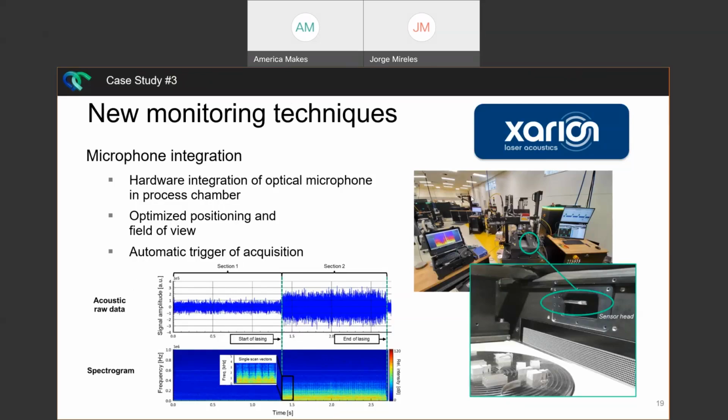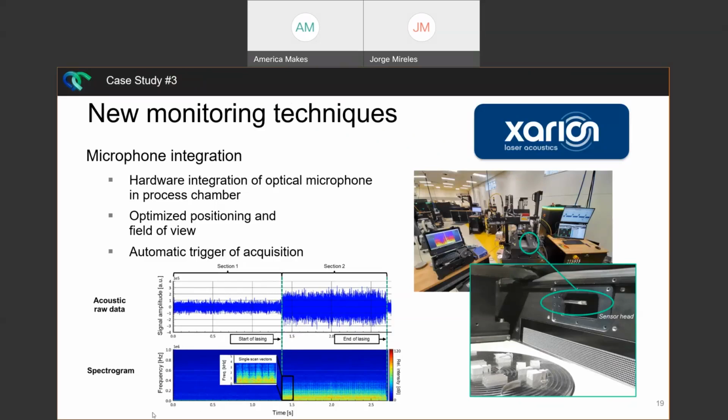So we not only added the hardware within our process chamber, as you can see here, but we also adapted our software to record that data from their optical microphone. So here you see the type of data that we're able to get, both the raw and 3D spectrogram, that it can really monitor down to what we feel are each single vector during a build.